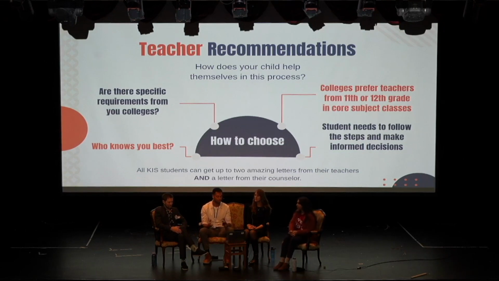One of the most important things is to choose a teacher who knows you best, and for your child to think about what teachers and what classes they have taken where they have demonstrated their learning abilities and learning characteristics, and how they are in the classroom and how they are as learners. This is going to be really important in selecting a teacher who is going to be able to write a fantastic, well-detailed, well-thought-out letter of recommendation for your child.